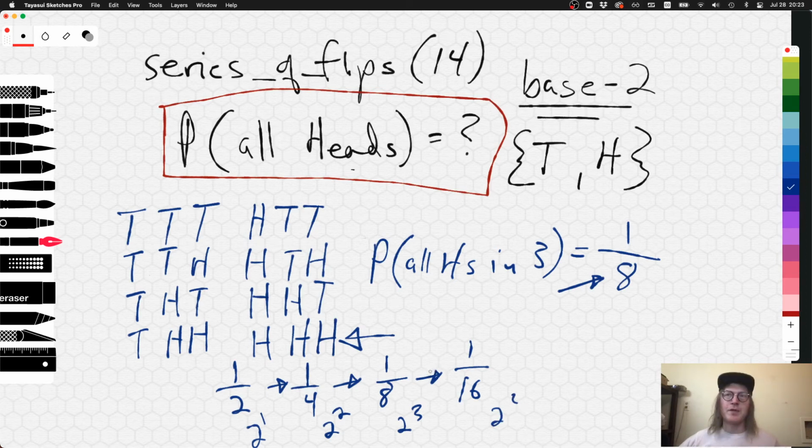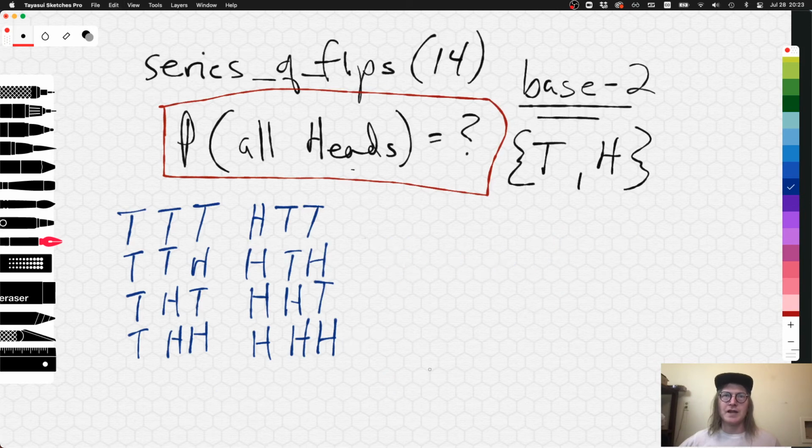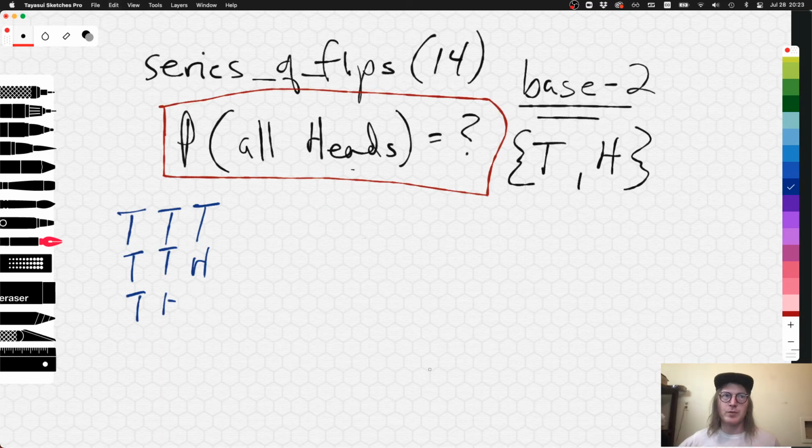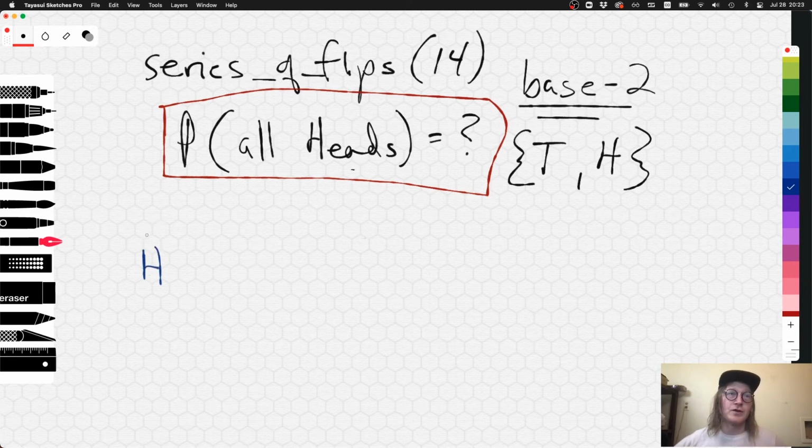Another way that we can think about this, and I think this is a very convenient way, and is a basis for understanding probability in general, this sort of basic probability. The probability of getting heads on the first flip is 0.5, right? And the probability of getting heads on the second flip is 0.5. The third is 0.5. The fourth is 0.5.